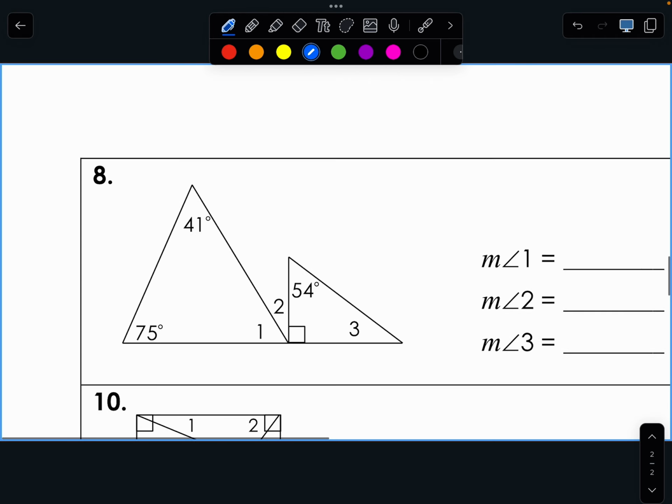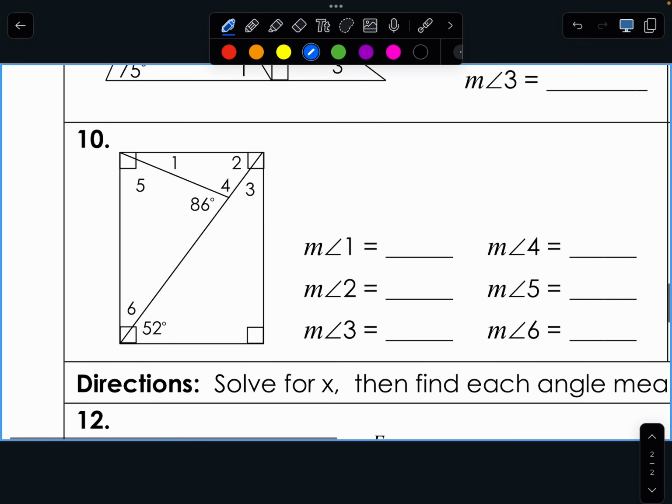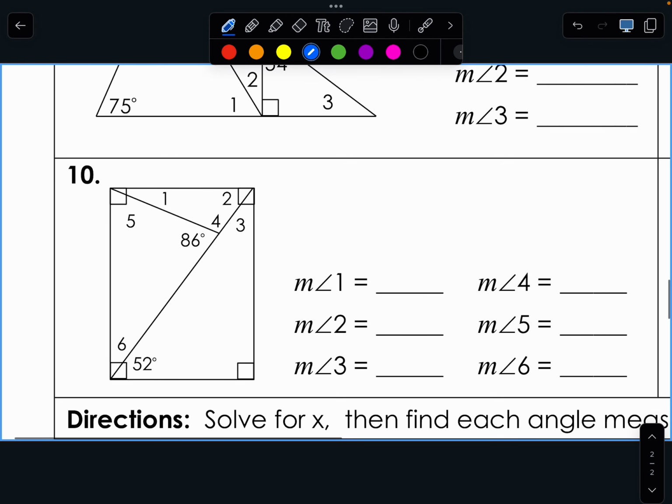Okay, let's go look at number 10. For number 10, I'm missing a lot of pieces. So where's the first place I can start?